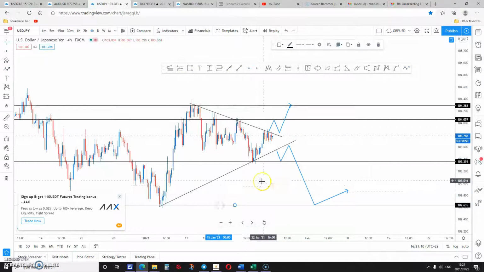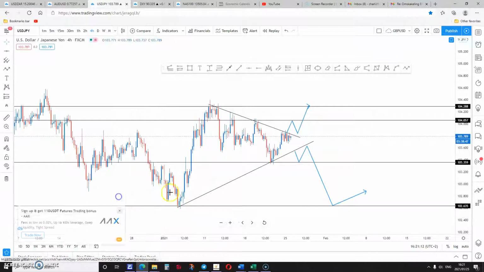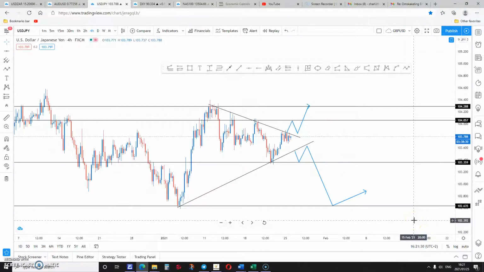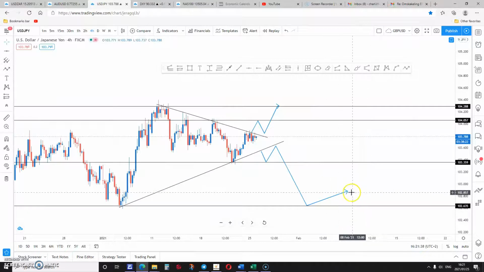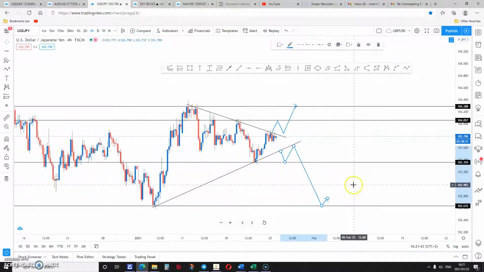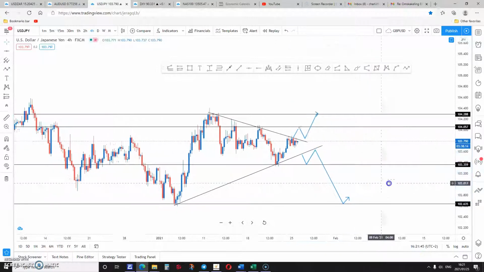So always look at the most recent price action, and always try to formulate two scenarios. It doesn't always have to be one bearish and one bullish, but try and always formulate a bit of a story so that you know that if something does happen, what would be the next viable option for the pair.